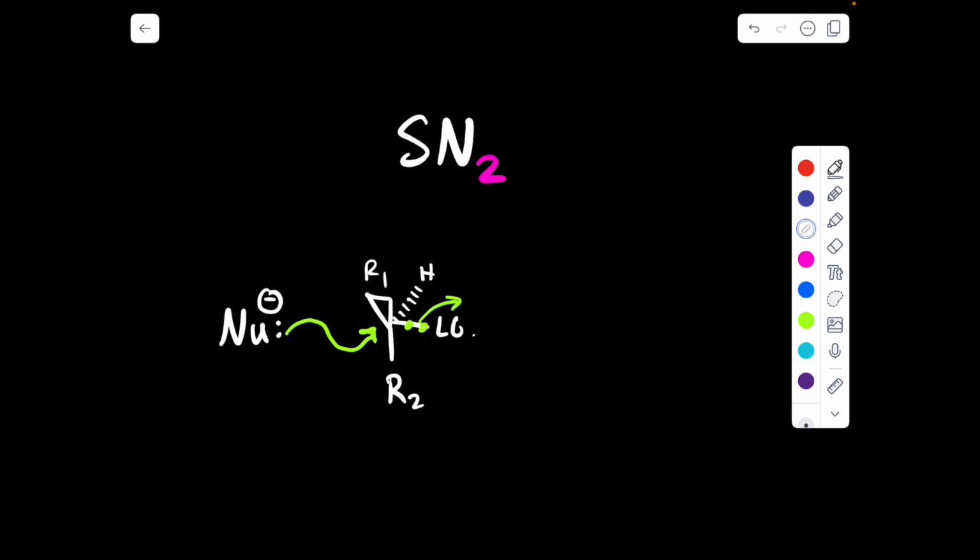So that means that the better the nucleophile, if you increase the ability of the nucleophile, this is going to increase the speed of the reaction.